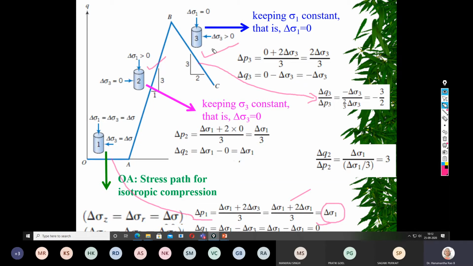If you look at the active or passive condition, we keep sigma 1 as constant and increase or decrease sigma 3 such that active or passive earth pressure conditions arise. While this one is prevalent in triaxial testing, where we keep sigma 3 as a constant value and increase sigma 1, that is the axial load. So in this single graph we are covering almost 3 conditions.